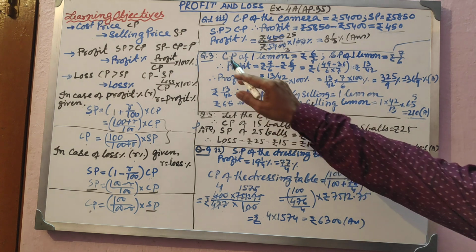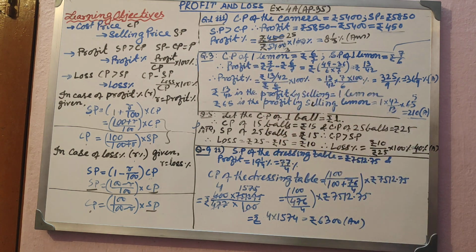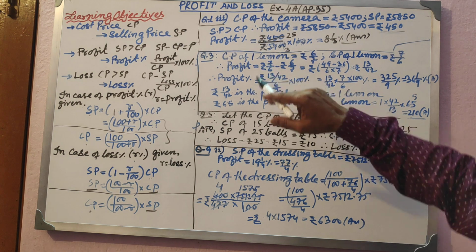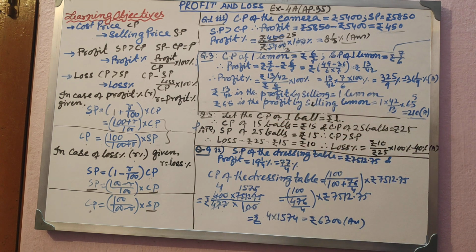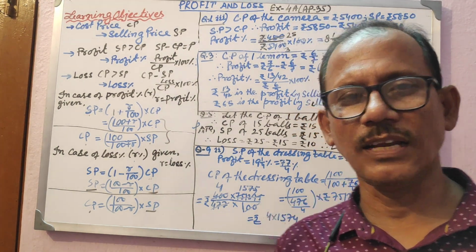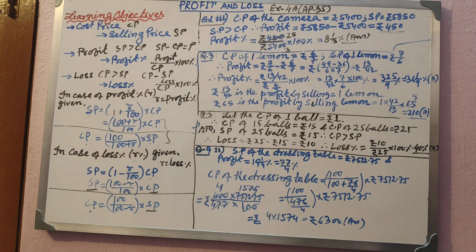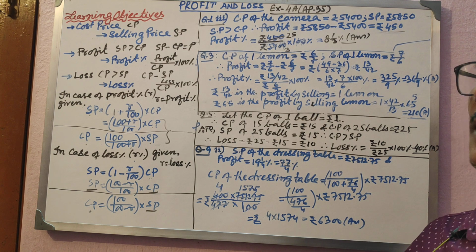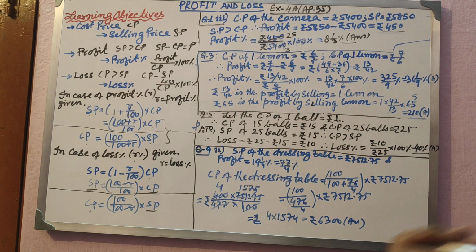Now moving on to the next question. CP of 1 lemon. See, actually what has happened, the trader has purchased 7 lemons paying rupees 6. Cost price of 7 lemons is equal to rupees 6, and selling price of 6 lemons is rupees 7.